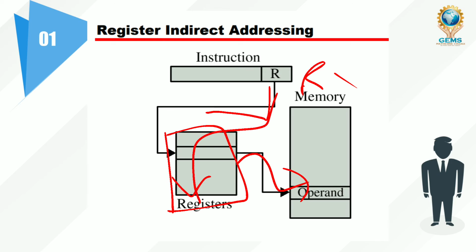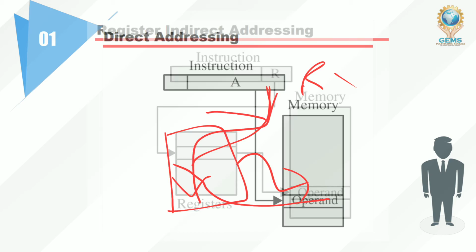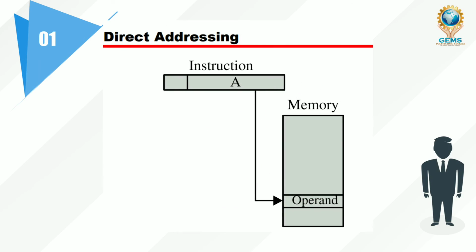Your brother helps you go to your father, and father will tell you where your mom is. That is called a register indirect address. Same way, you go to the register, and again you get the link to where the data content is. This is called register indirect address.